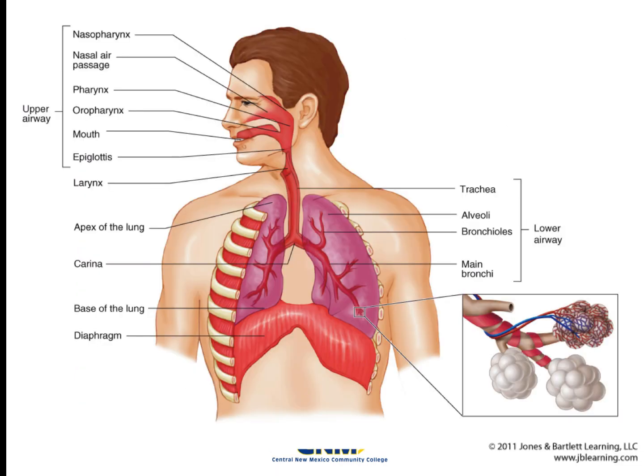Okay, guys, we're jumping into the respiratory system. This is one of what we call the big three systems. The big three contains the respiratory, the cardiac, and the neuro. These are the most important systems that you are going to learn about in medicine.